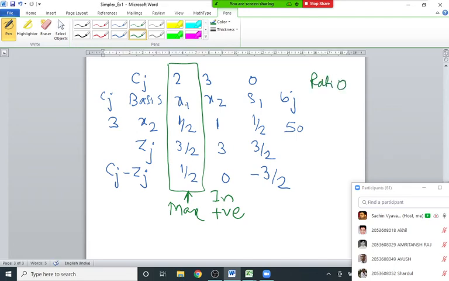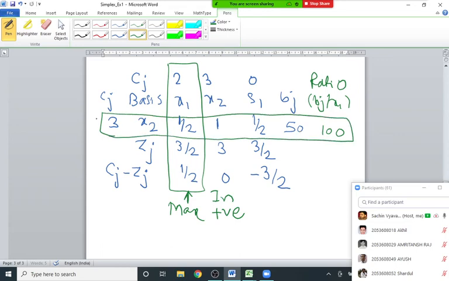So Bj divided by X1. We take 50 divided by 1 by 2, it will come 100. So the minimum positive ratio is 100, and that should go out. Now this is the outgoing variable. So x1 is incoming, x2 is outgoing, and now the pivot becomes 1 by 2. This pivot we have to convert to 1.